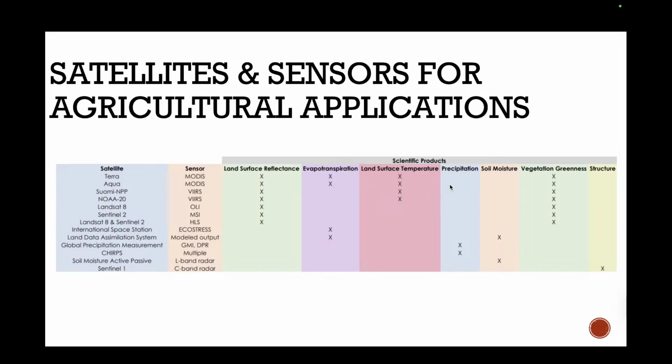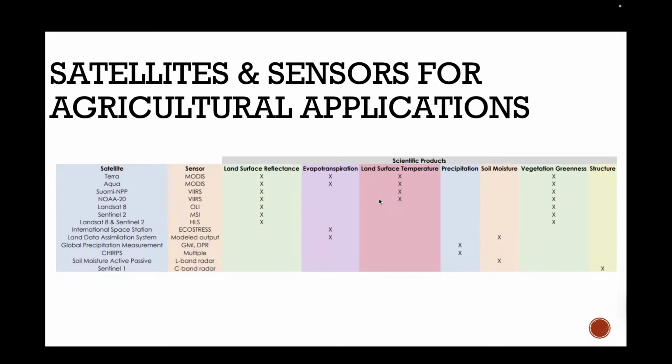So you can easily get the chart, and further we need to update it, because some new satellites also provide new data. Then it will look perfect, but commonly this type of sensor is used for land surface reflectance, evapotranspiration, land surface temperature, precipitation, soil moisture, and vegetation greenness.